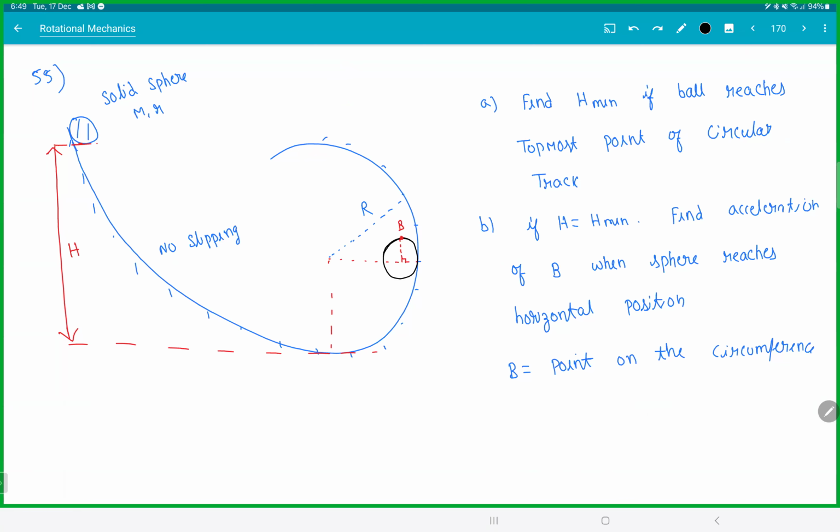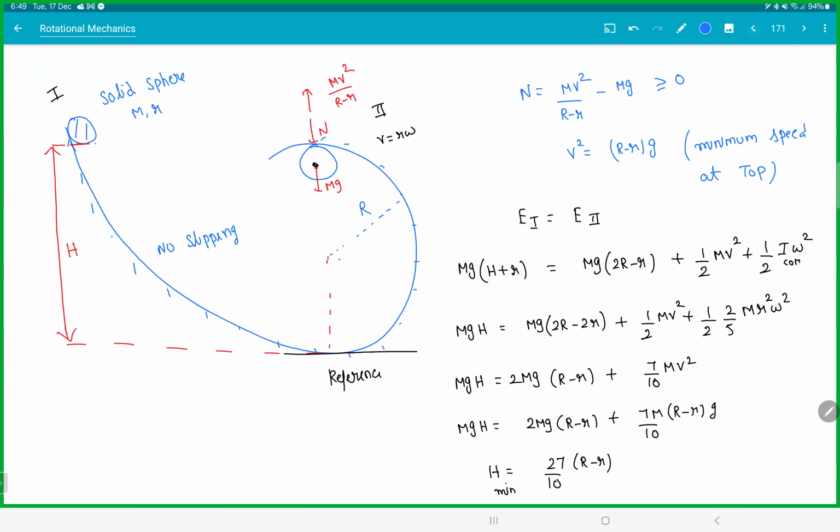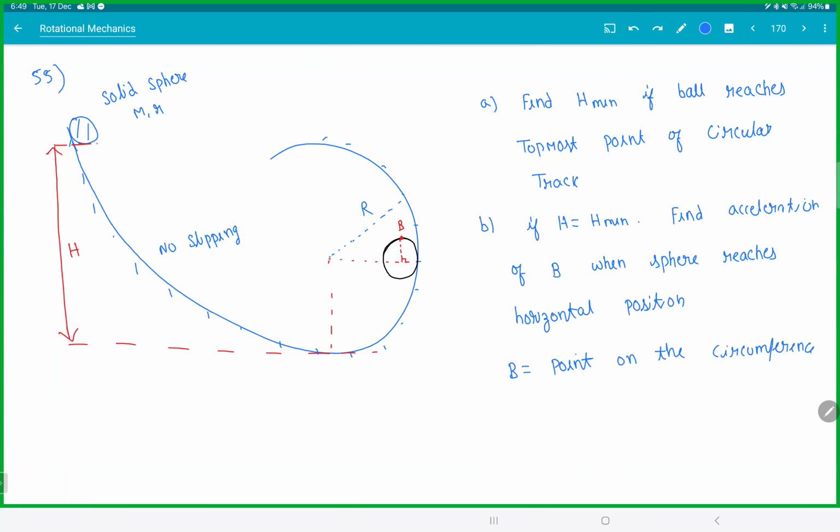See, there are two things happening here. Now, you can't actually see. Suppose I ask you, can you tell me what is the path of B? How is the path of B? It's like a jalebi, right?